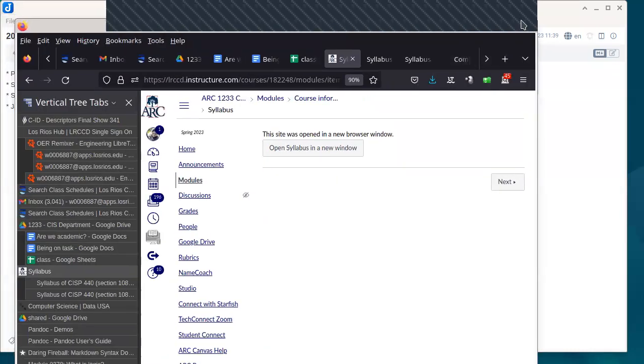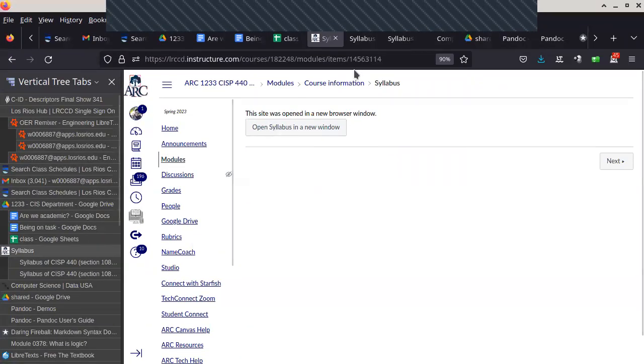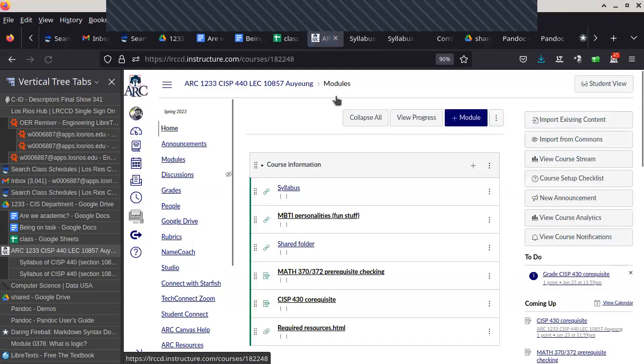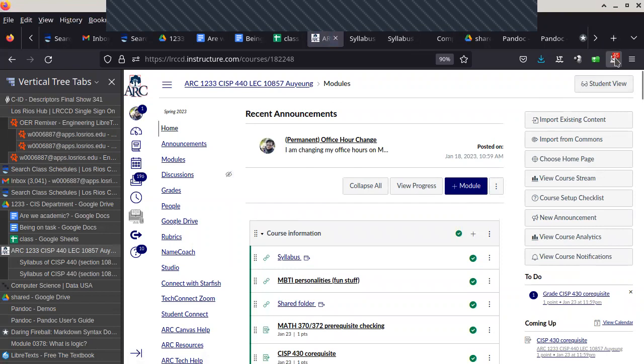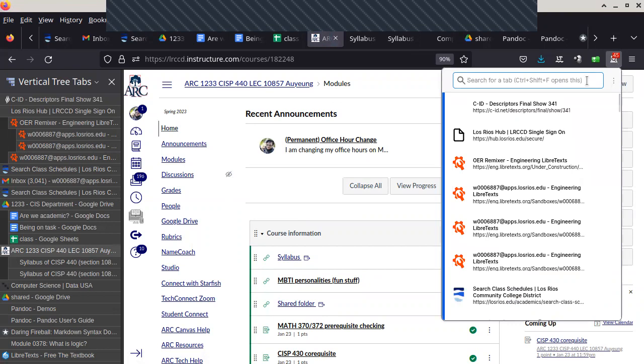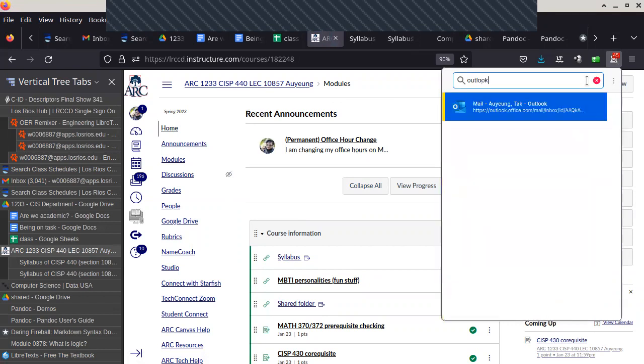All right, so I'm going to move this window into your view and get it started. I got some plugins that are really helpful, like this one here. It's called Tab Search. So once again, it depends on how you get things done. With Tab Search, if I click it, I can type what I want, like Outlook, and it will find the right tab and I can go straight to that tab, even if it's in a different window.